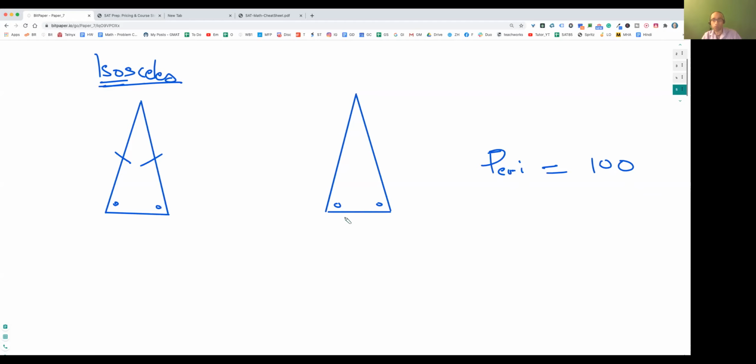The length of this side here is equal to, let's say, 20. Now find out this length. Remember, this length here and this length here are the same. So call that length x. This length is x, this length is x.